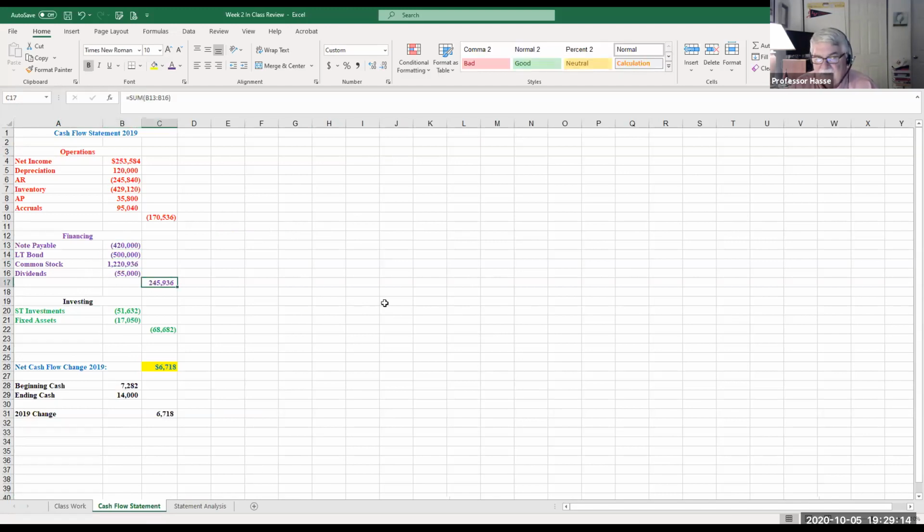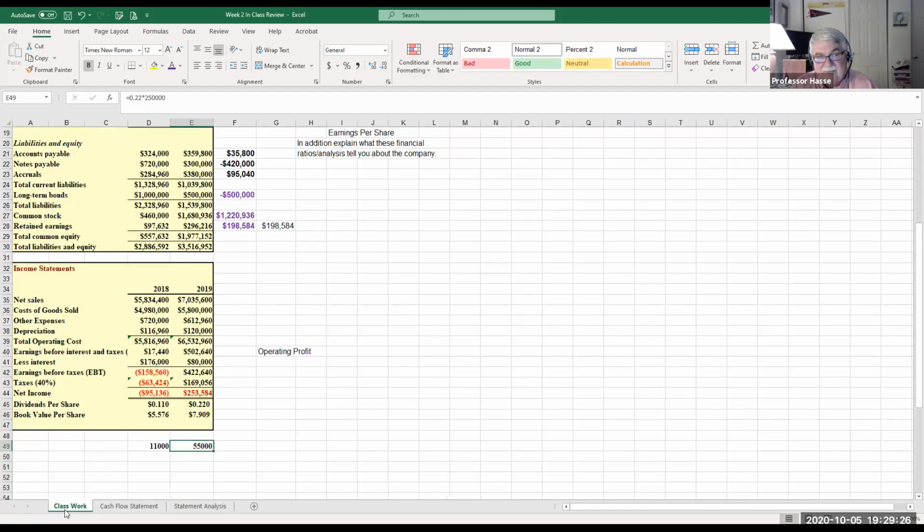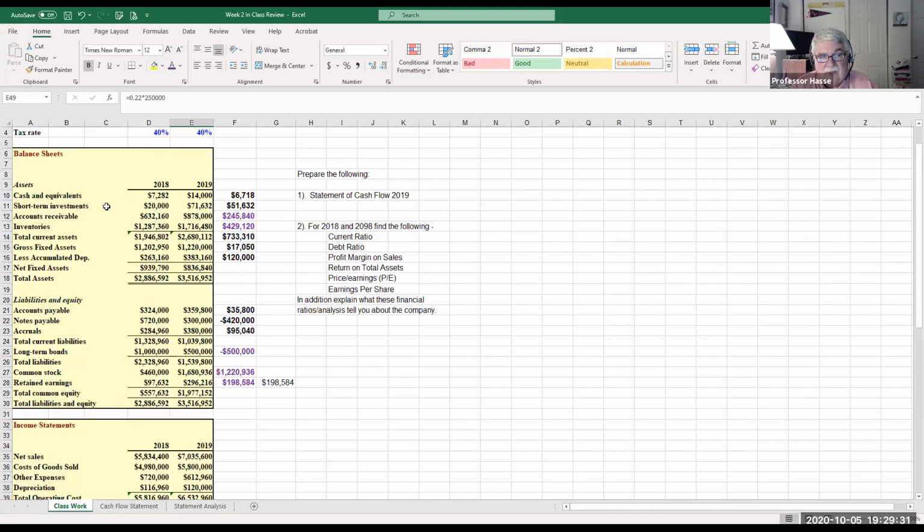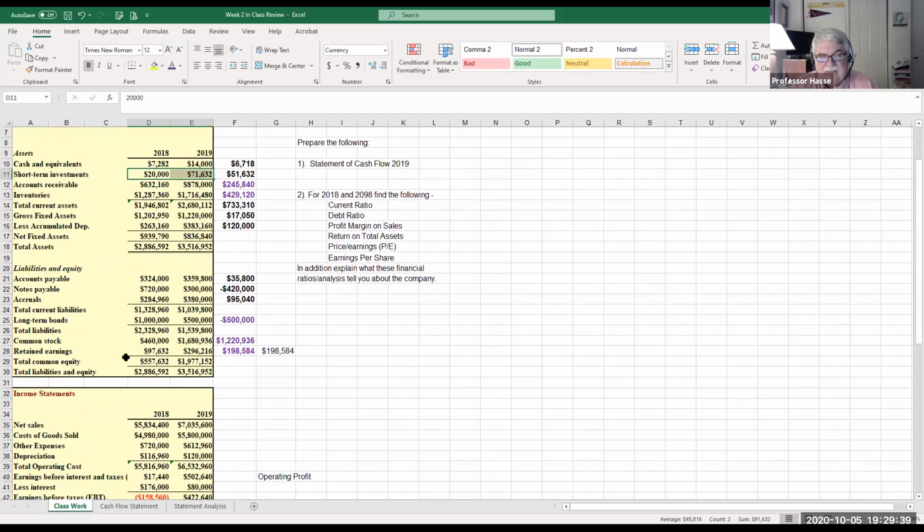Net positive $245,936. And then what did we do with money going out of the business? Investing. Well, we have two areas in this company of investments. Short-term investments right here, buying additional investments short-term to earn some extra money, and the investment in assets right here.